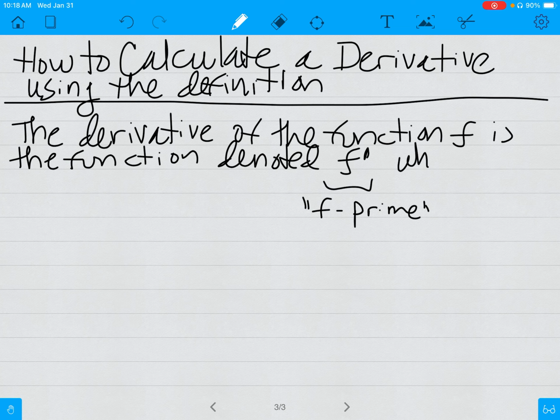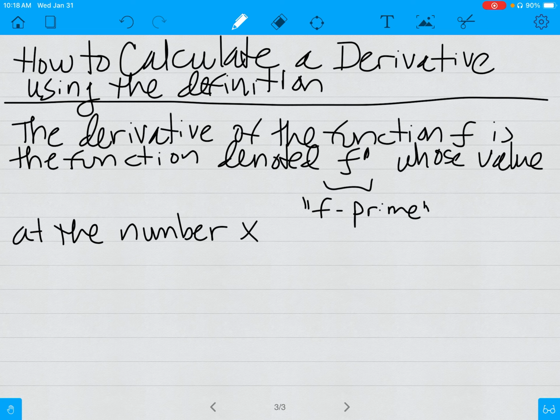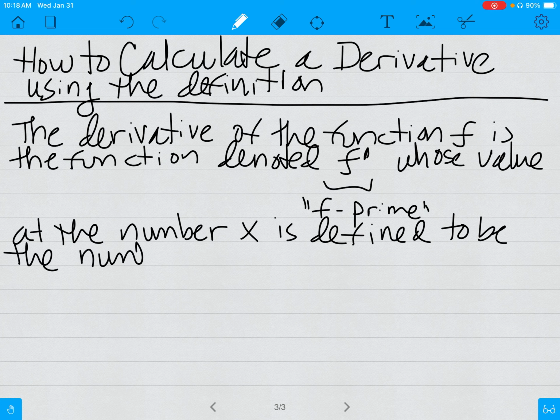x is defined to be the number, and then here's where we get that definition that we talked about last time.